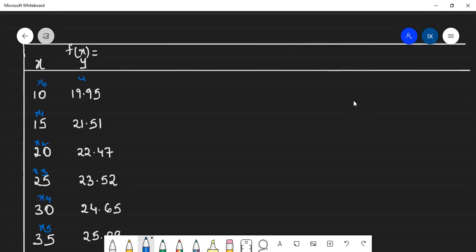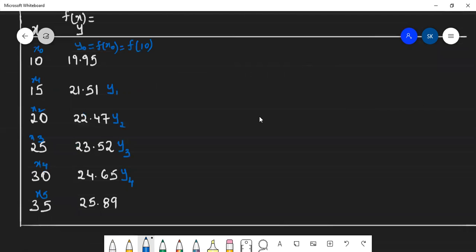Then this is y naught, which is nothing but f of x naught, right? What is x naught value? 10. That means this will be f of 10 value, y naught. Then this will be y1, y2, y3, y4, and then y5.